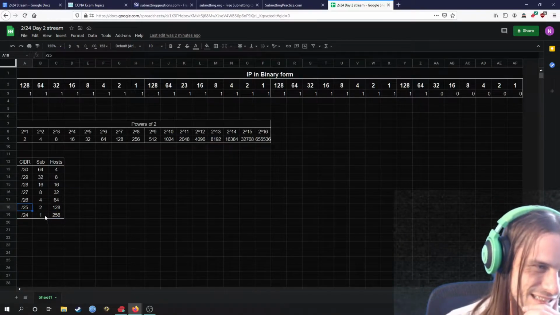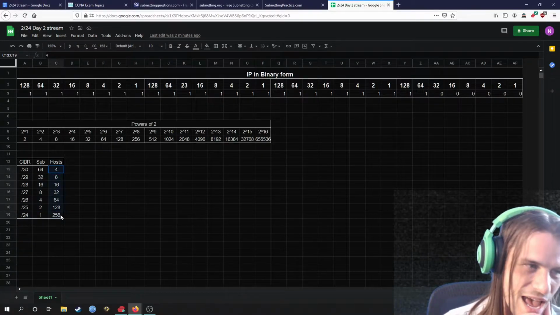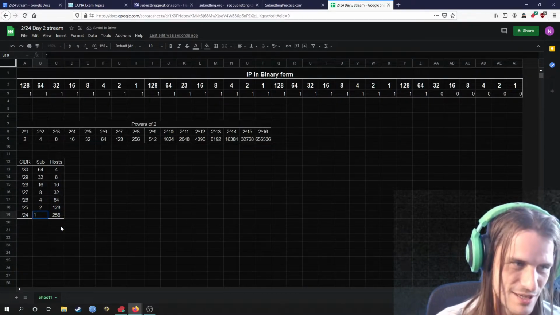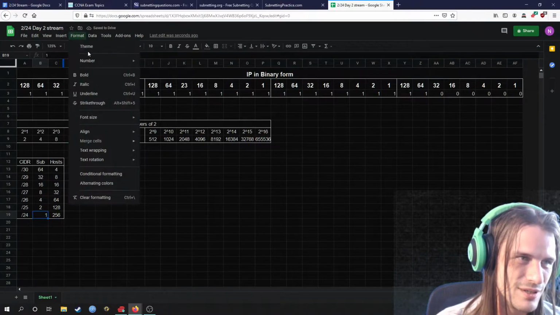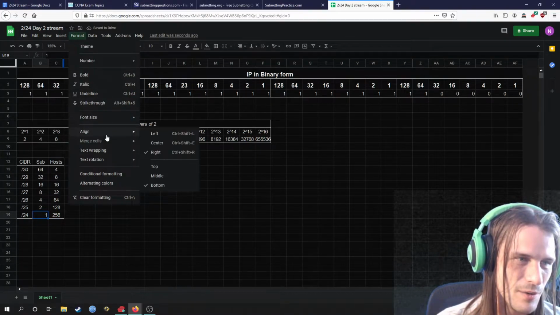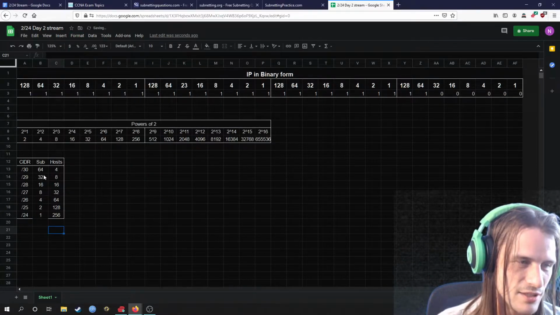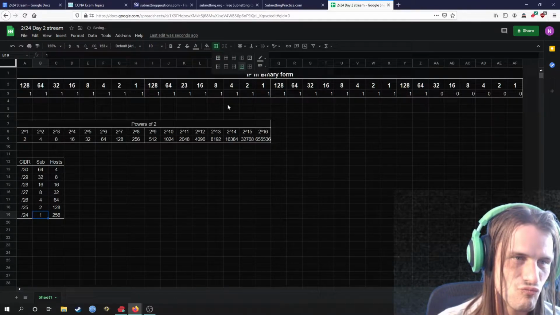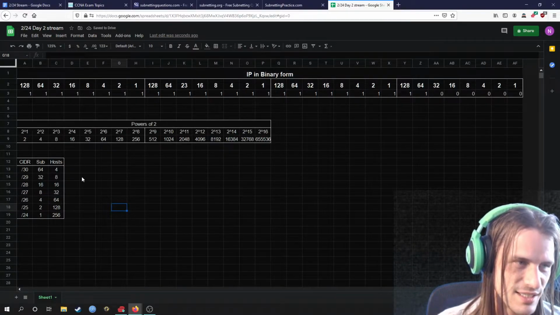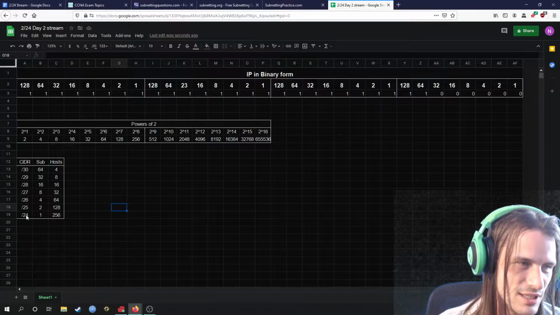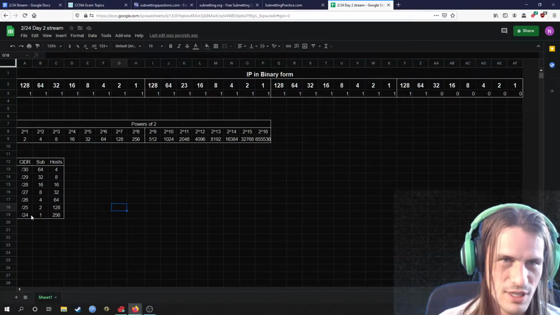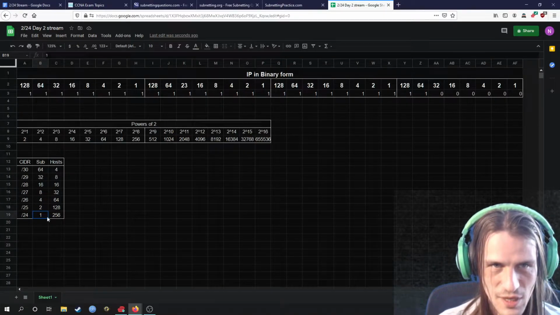But then you can actually see there are patterns. So you could just write 24 through 30 on the side of your sheet. 24 is a default, so it's only going to have one subnet.